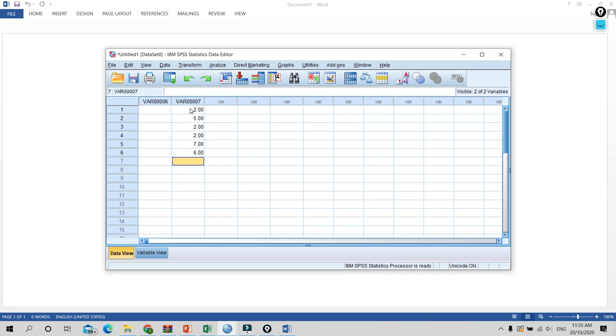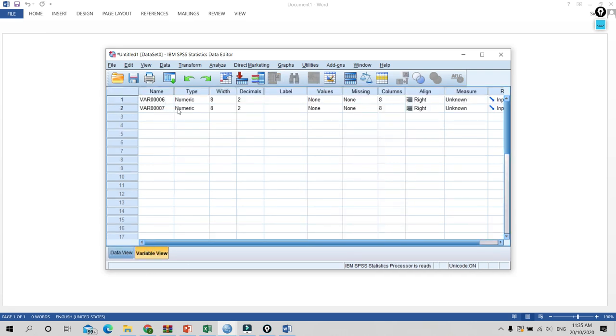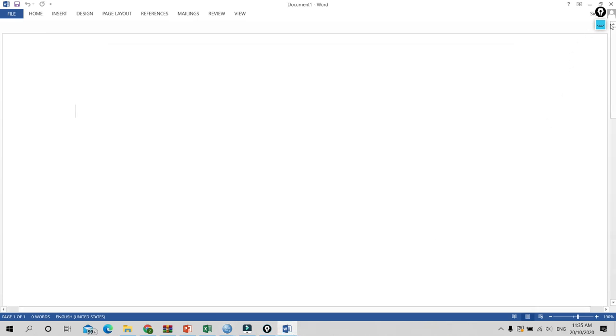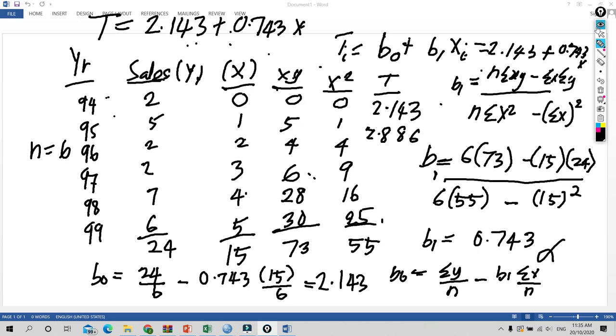This is my y, so I can change the variable name here. And the other one is x. My x starts with 0, 1, 2, 3, 4, and 5. So x and y, then you can check again: 252276, and our x is 0, 1, 2, 3, 4, and 5.